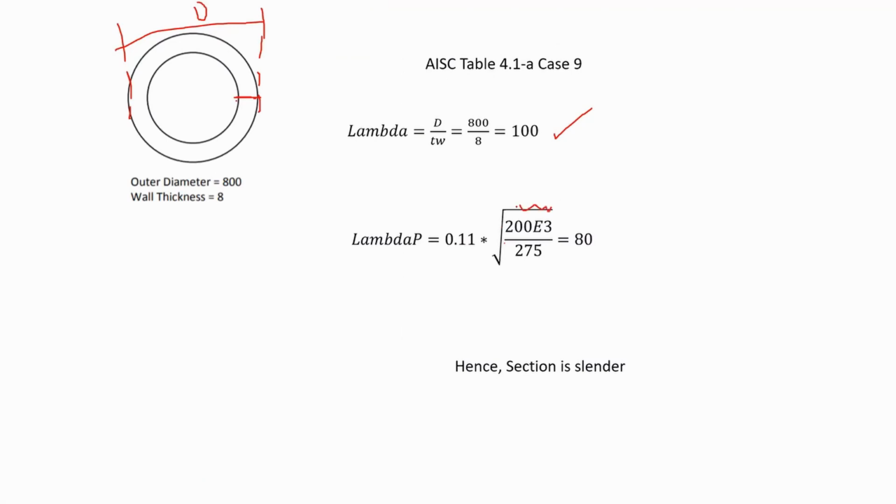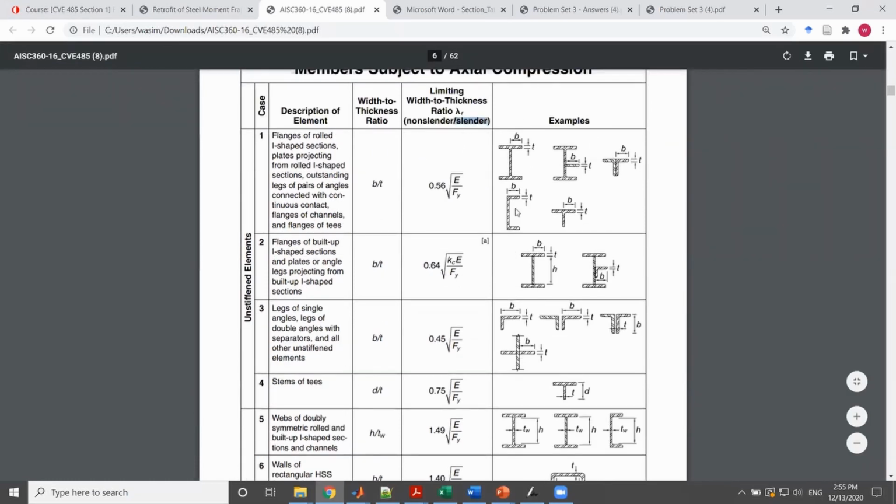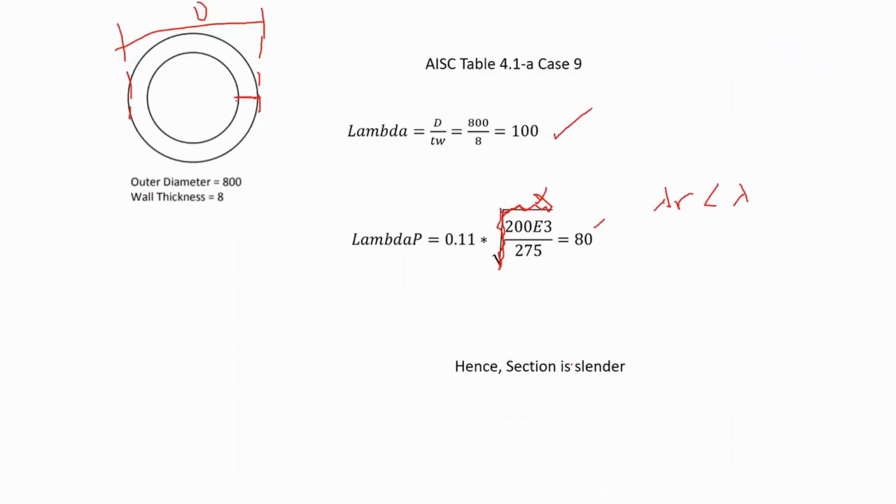This is a typo. Again, let me take a look. Okay, without actually the square root, this is 80. So the values are correct, but you just have to neglect the existence of the square root in my slides. So as you can see now, lambda appears to be bigger than lambda r. And if we check again here, when your lambda is bigger than lambda r, the section is going to be slender. Therefore, I said the section is slender.